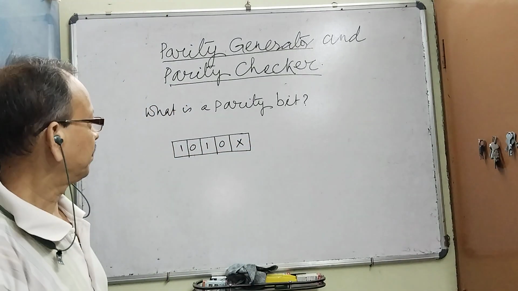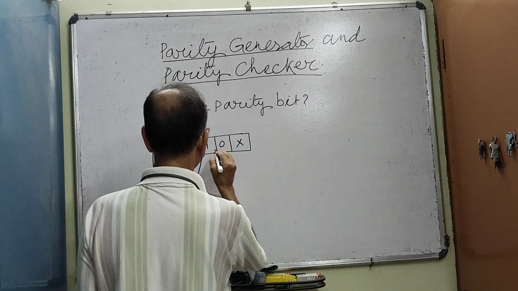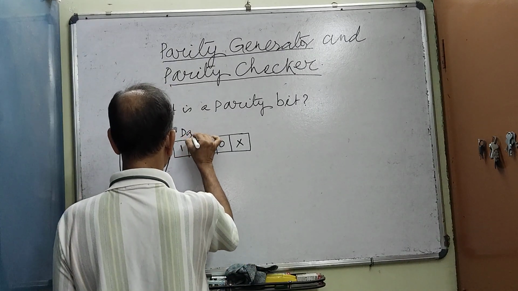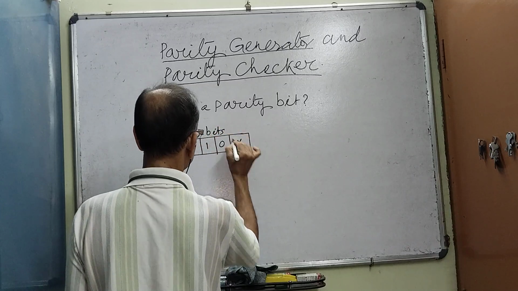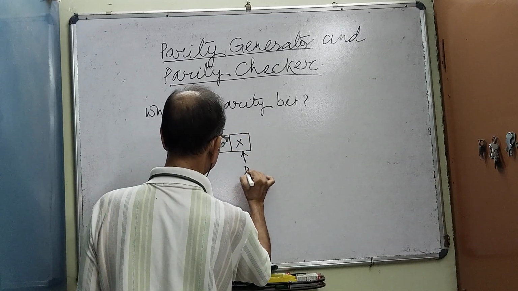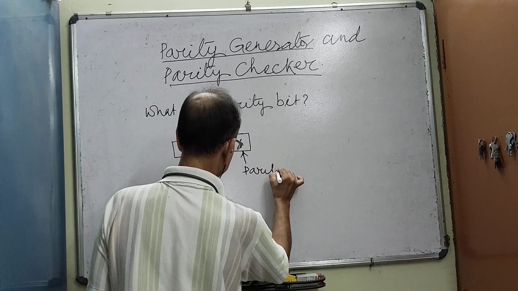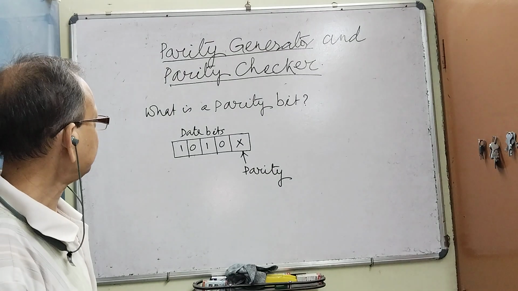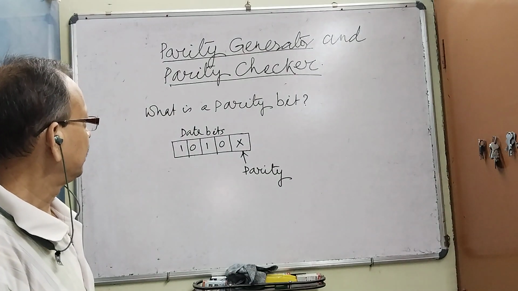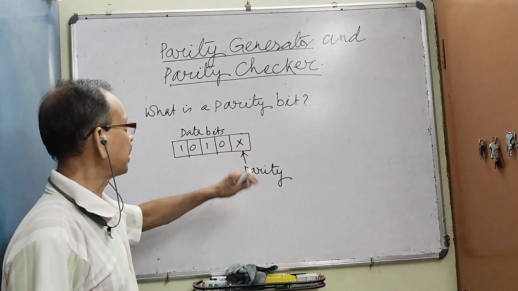As for example, this is the data bit and this is the parity bit, the extra bit for checking.